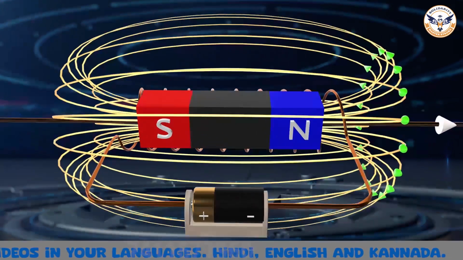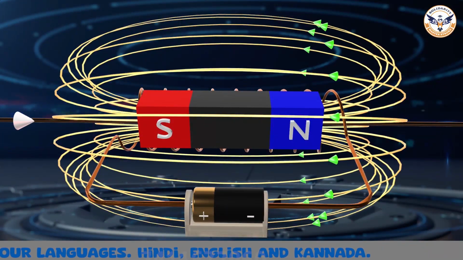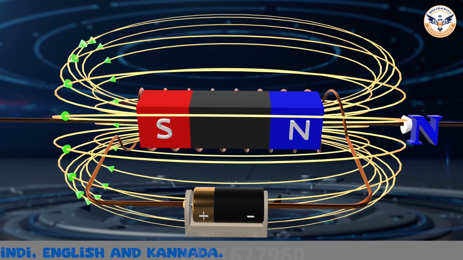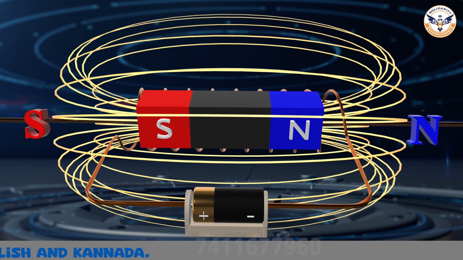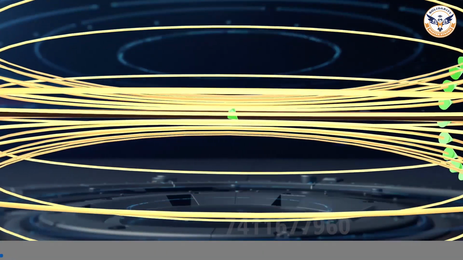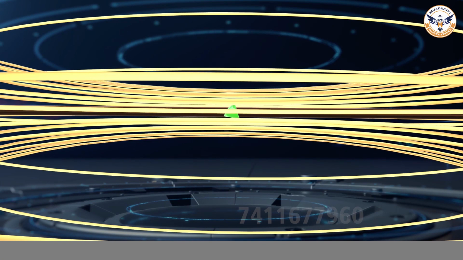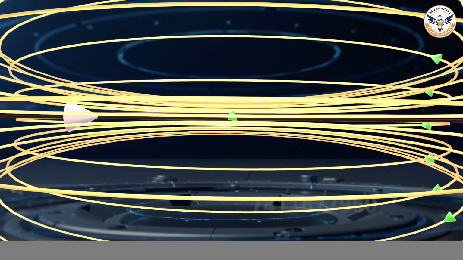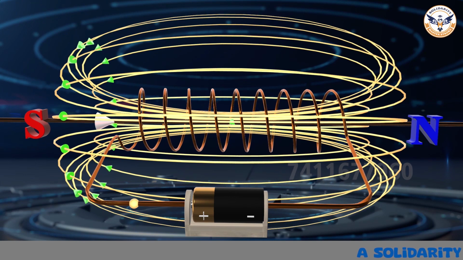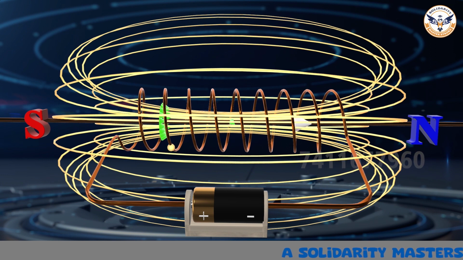In fact, one end of the solenoid behaves as a magnetic north pole, while the other behaves as the south pole. The field lines inside the solenoid are in the form of parallel straight lines. This indicates that the magnetic field is the same at all points inside the solenoid.